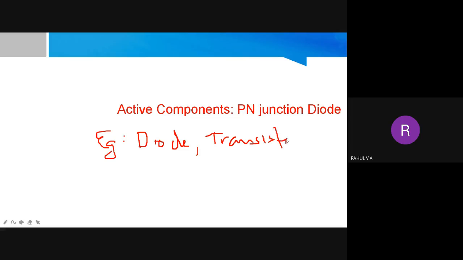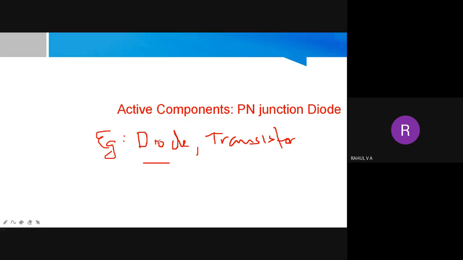I was telling you that a diode can come under both passive and active. If you search on the internet, you can see there is a lot of discussion going on to classify whether a diode comes under active or passive. The discussion is still going on because it never amplifies an electric signal, nor does it consume some amount of power.